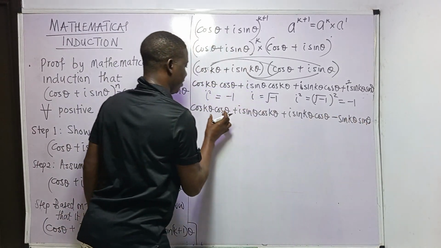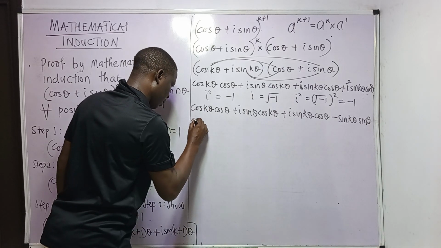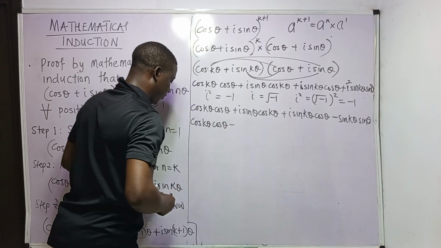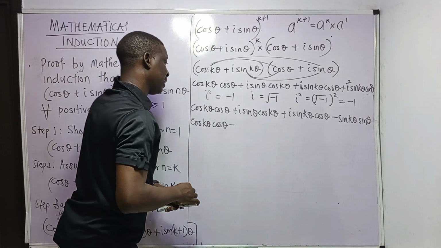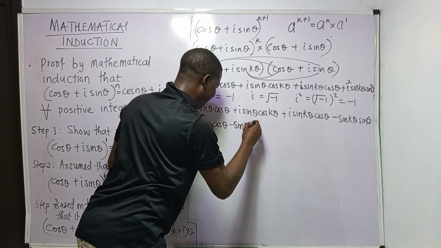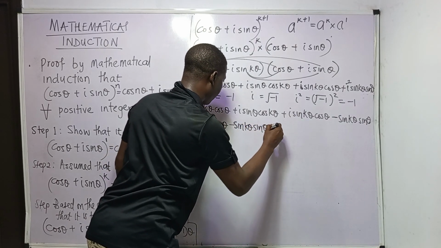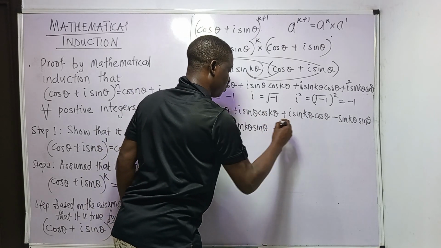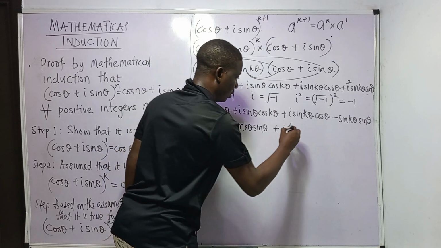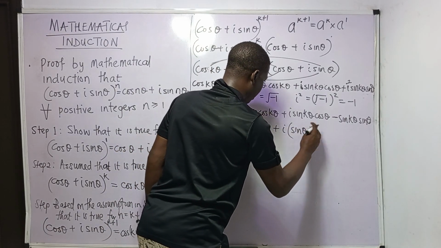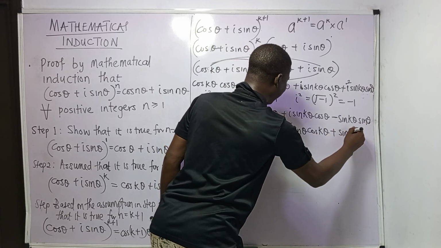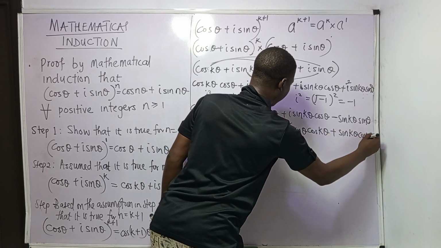Let this one and this one come together: cos kθ cos θ minus sin kθ sin θ. Then i is common on the others, so we bring it out: open bracket, factorize i out, sin θ cos kθ plus sin kθ cos θ.